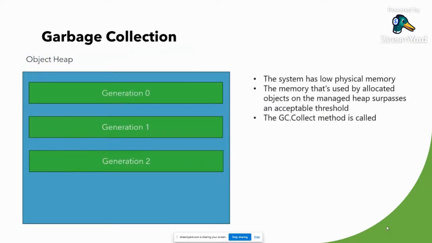Your object heap consists of 3 generations. If you create an object on the heap, it gets generated in generation 0. If it stays there for a certain amount of time, then it gets moved on to generation 1, and then up to generation 2, depending on how long it lives.